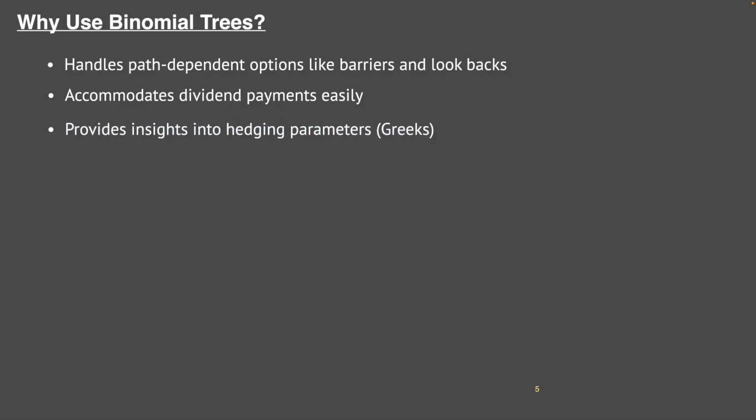The binomial tree will also help provide insights into hedging parameters like the Greeks. So what is a hedging parameter? We should understand hedging is basically done in a direction opposite to the direction of the movement of the underlying. It means, suppose you are long on the underlying, then the hedging will be done on the short side.